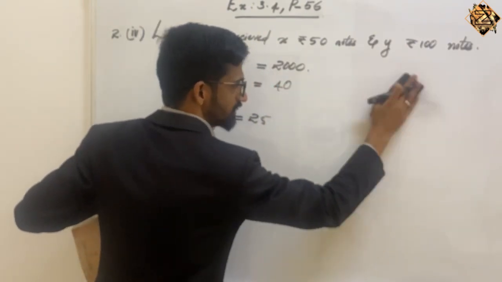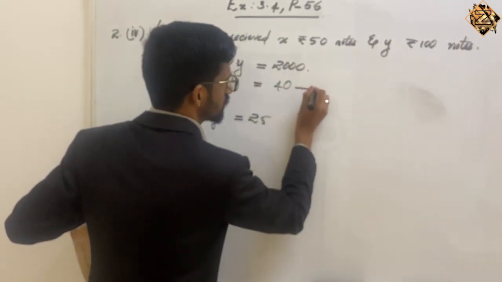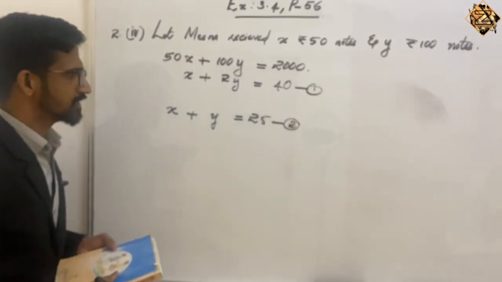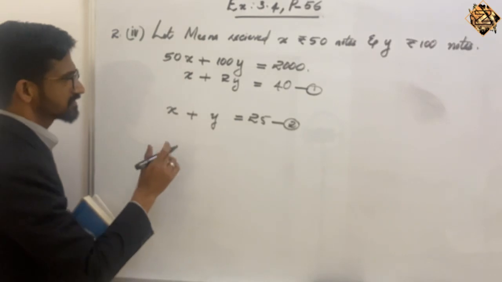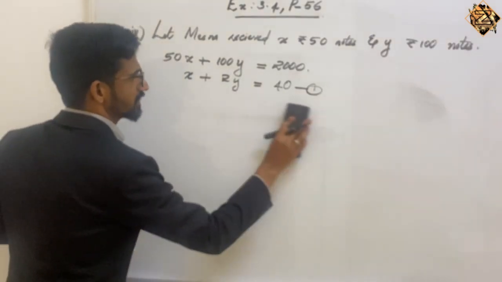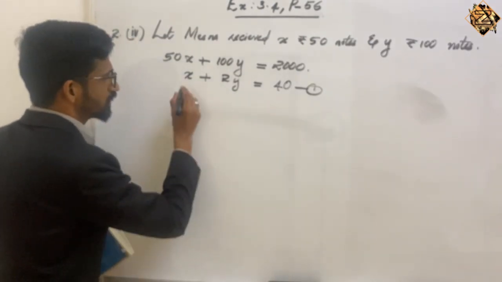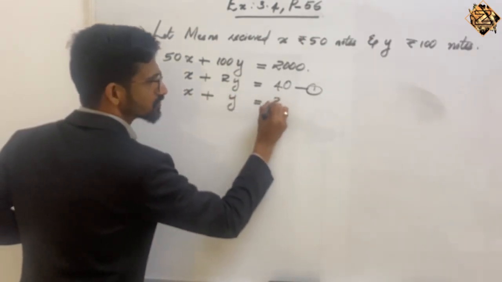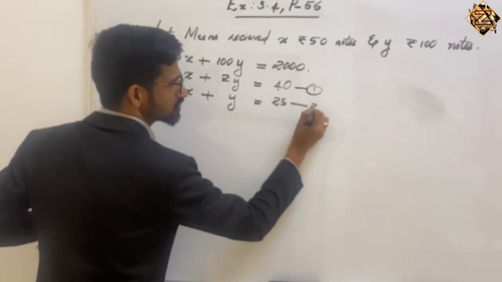Now we have equation 1 and equation 2. Equation 1 is x plus 2y equal to 40, and equation 2 is x plus y equal to 25.